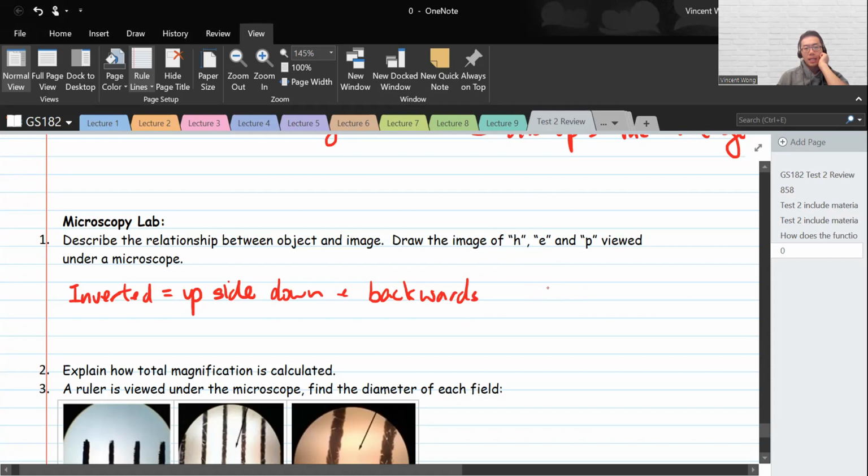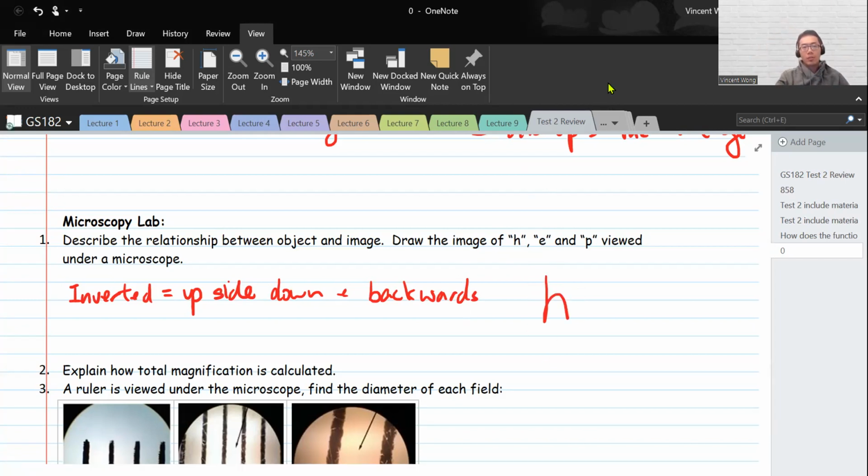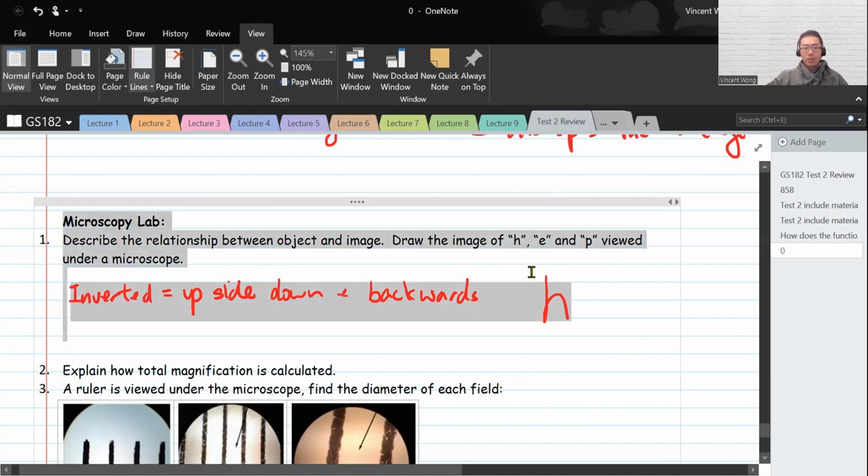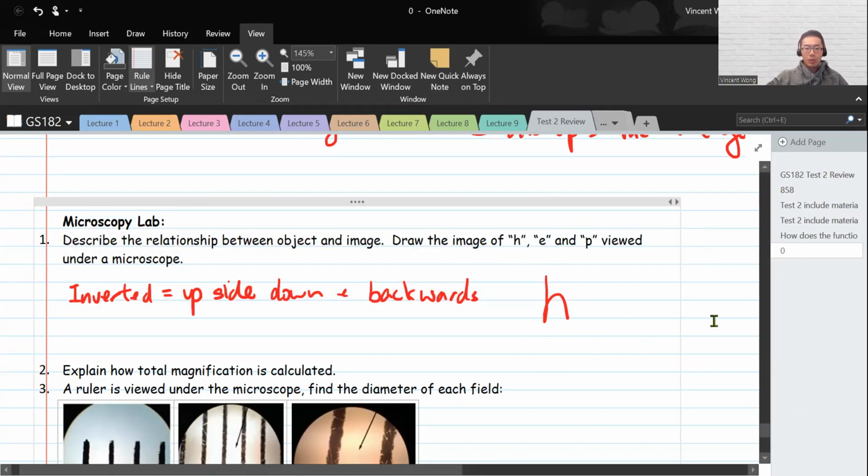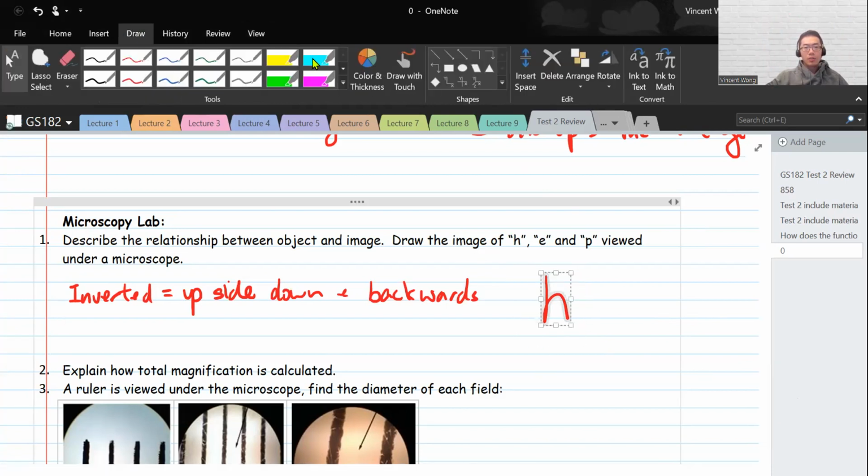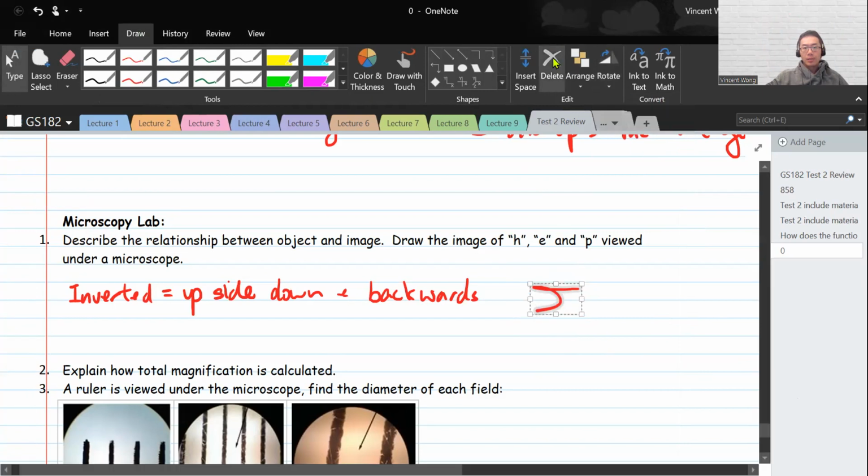If you have trouble on the test, just draw it out normally first, and then you rotate the paper 180 degrees. Like this. Rotate it and then rotate it one more time. That's going to give you the answer.